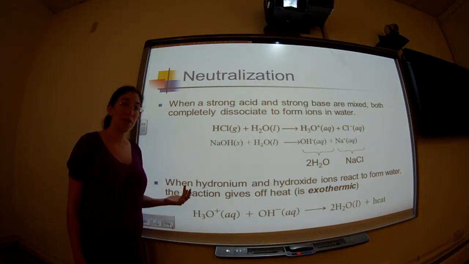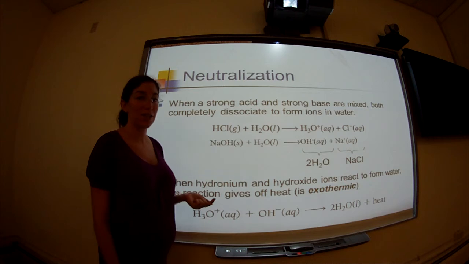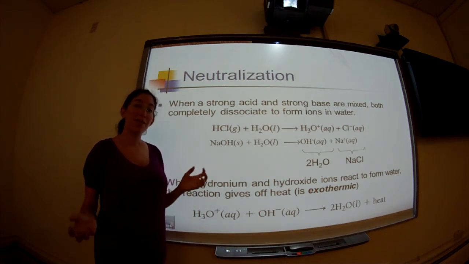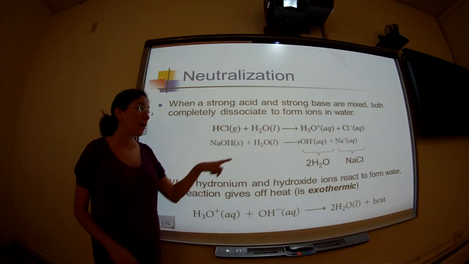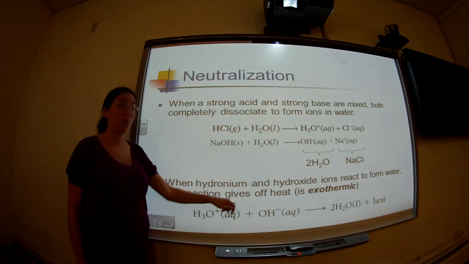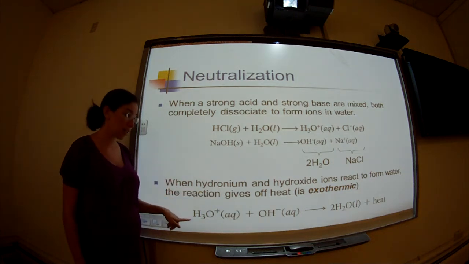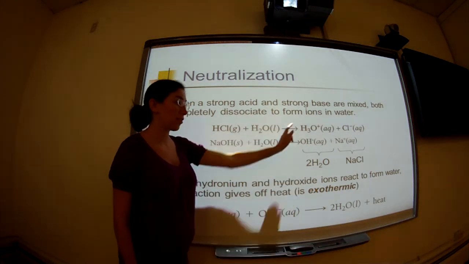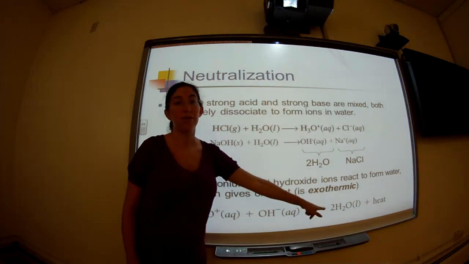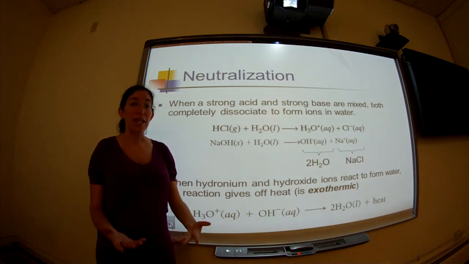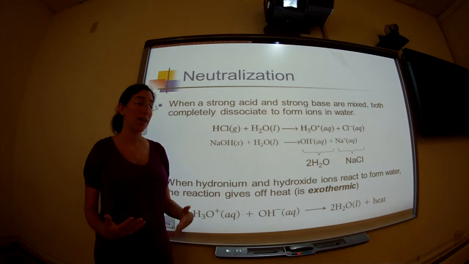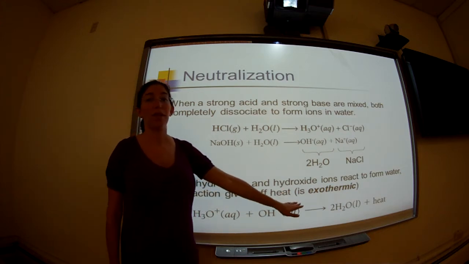Something else to know, a brief introduction into thermodynamics here, is that when hydronium ions and hydroxide ions react to form water, like in this reaction here, when hydronium reacts with hydroxide to form two waters, it also releases heat. If a reaction releases heat or produces heat, it's called an exothermic reaction.